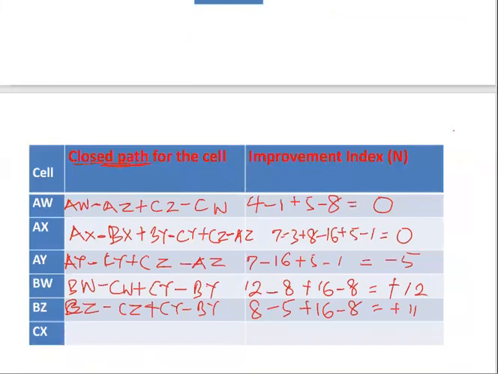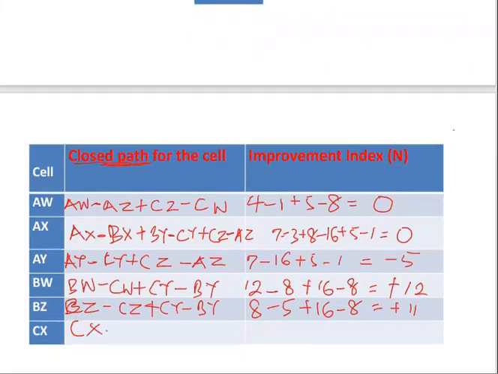All right, let's write it out here. CX minus BX plus BY minus CY, right? So call the figures, please. That's 10 minus 16 plus 8 minus 3.